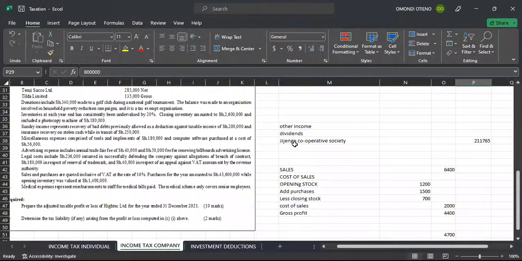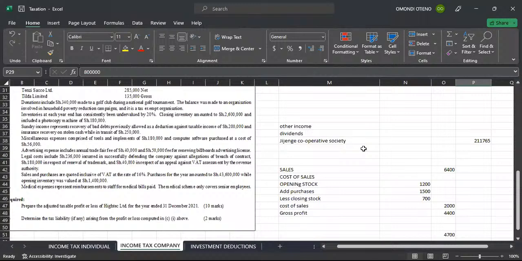Is there a particular reason we were told about Uganda? What if it was the dividends from a country that is not having a double tax treaty with Kenya? It will be subjected to tax. So if we have a difference, so long as it is outside Kenya, we are told that the withholding tax is final, so we are not supposed to subject it to another tax.